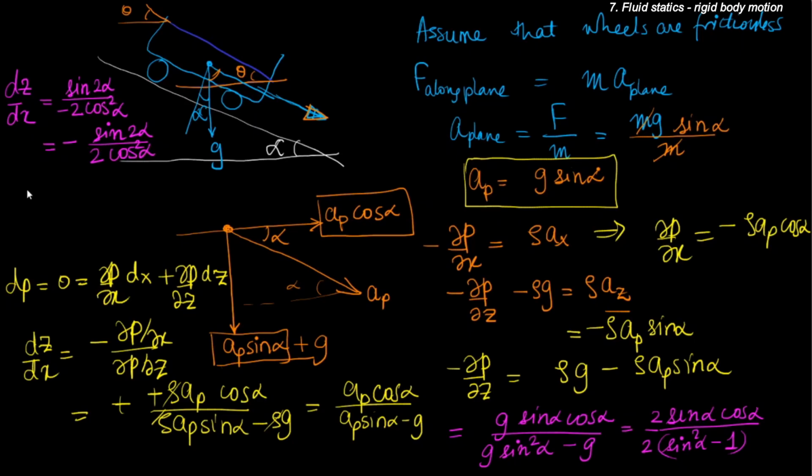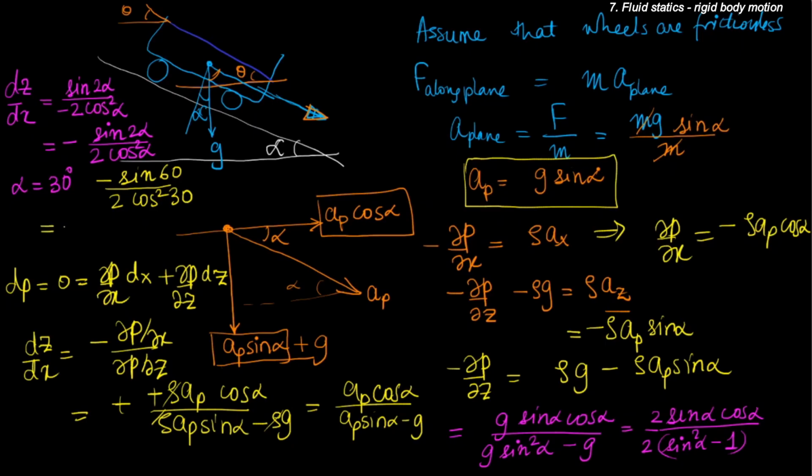Let us do the calculation when alpha is equal to 30 degree. So when alpha equal to 30 degree, we have minus sin 60 degree divided by 2 cos square 30.